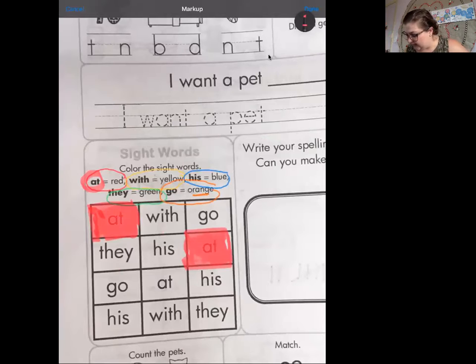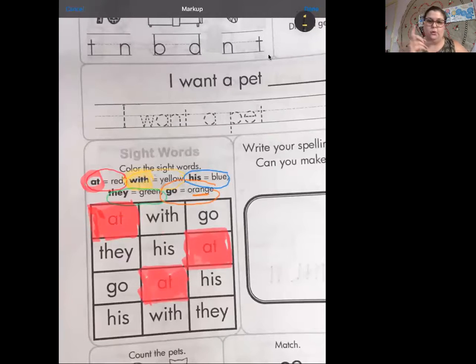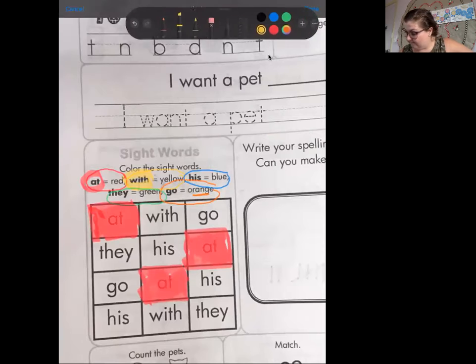Go, oh, there it is again, at. Okay. This is so cool. Okay, and then find with. Okay, so with is going to be what color? Yellow. So you need to now find yellow and do it with your crayons, okay? So you should be changing your crayons. Go ahead and pause and work on this.